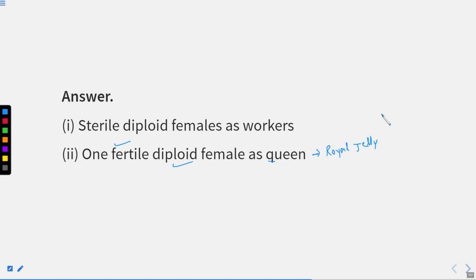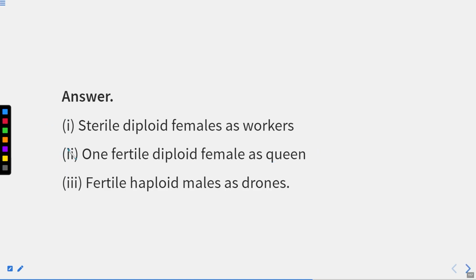These two develop by normal fertilization. Both the workers and the queen develop due to normal fertilization. Whereas the drones, which are the males, are haploid, but they are fertile. These develop with the help of a process known as parthenogenesis.